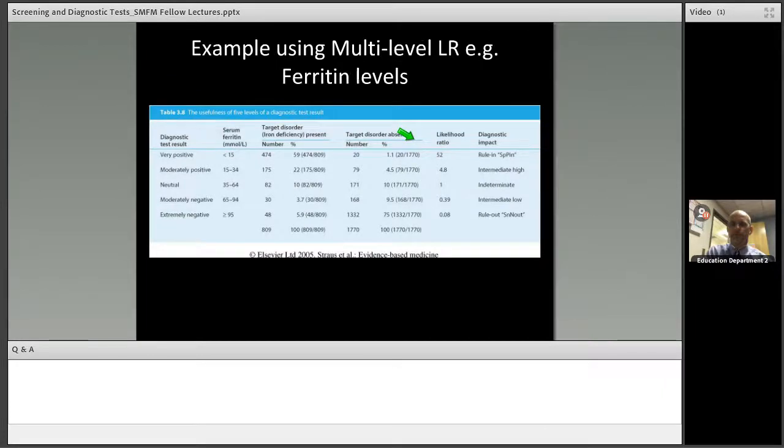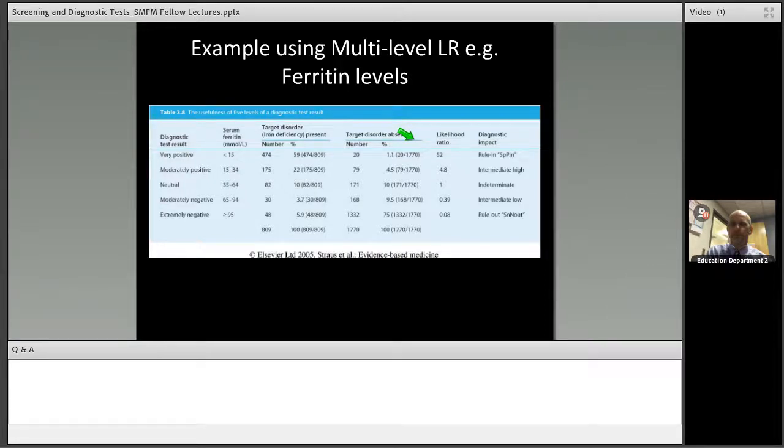And I'm going to skip through a few of them because they're not as pertinent, but one of the examples in that book, just to illustrate, had to do with the use of this pre-test and post-test odds in the case of anemia, where they looked at the serum ferritin of the patient.